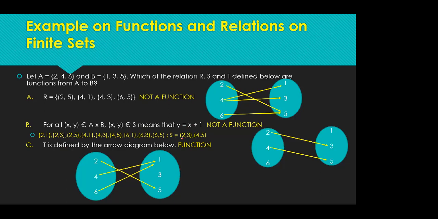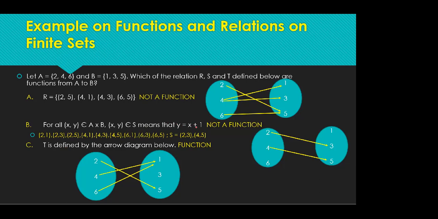So the only ordered pairs that will satisfy this condition are the ordered pairs 2, 3, and 4, 5. So we have to test this. 2 plus 1 is 3, and the partner of that x, or 2, is 3. So 3 is equal to 3.